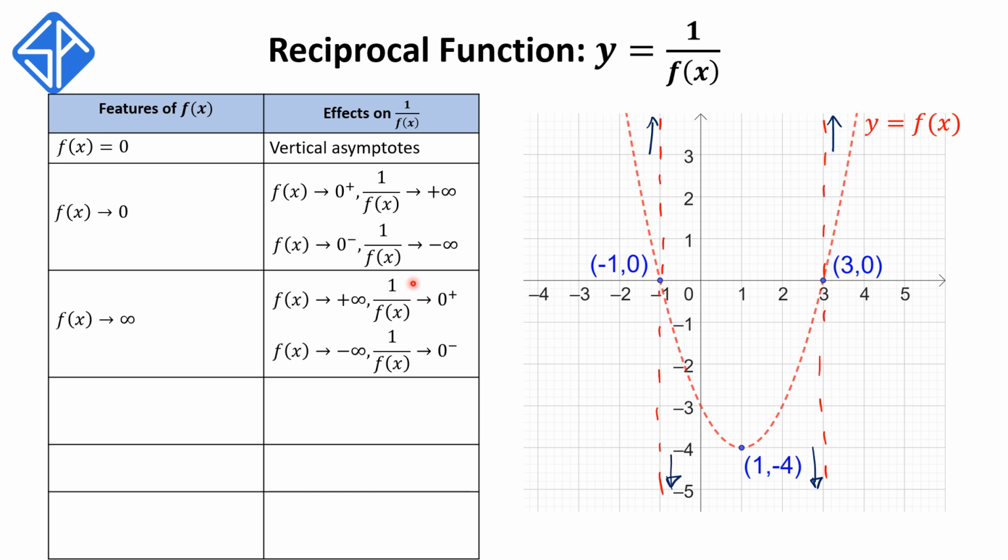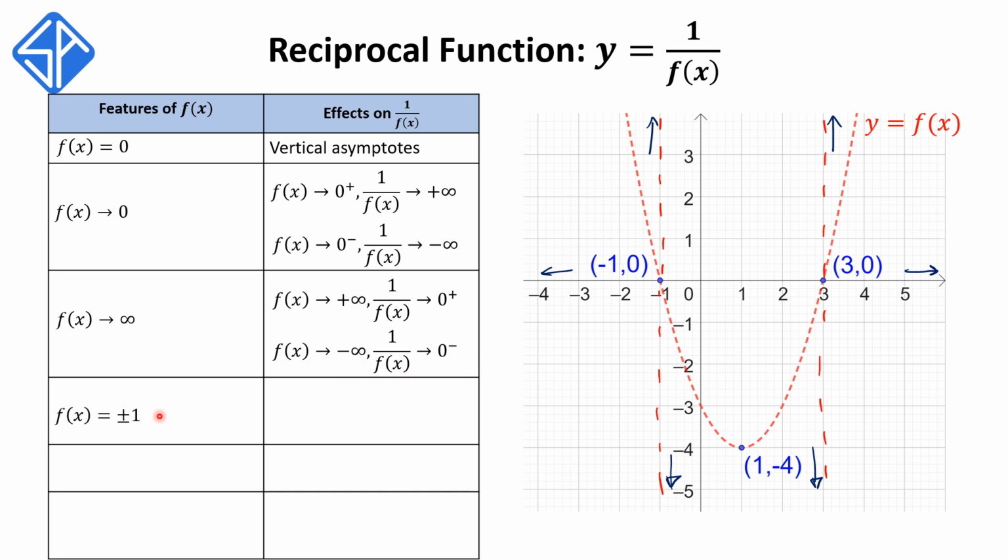When that happens, think about 1 divided by a very, very, very large positive number. Your reciprocal function is going to be approaching 0, but on the positive side. So we can sketch that in here on the right-hand side, as well as on the left-hand side. For this graph, we don't have f of x approaching negative infinity, so we can ignore this case.